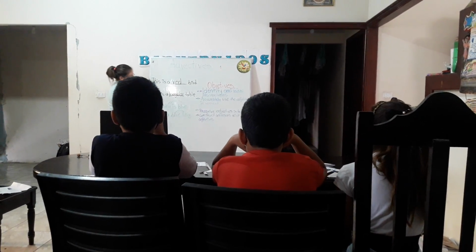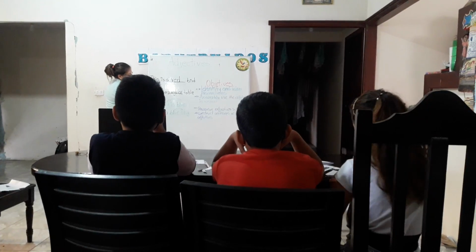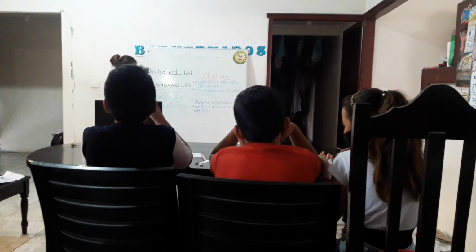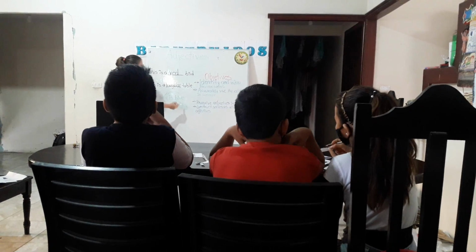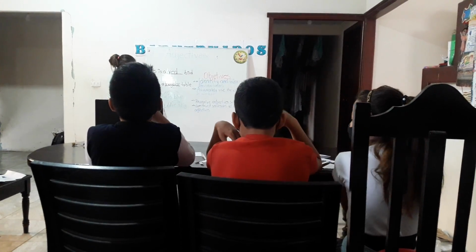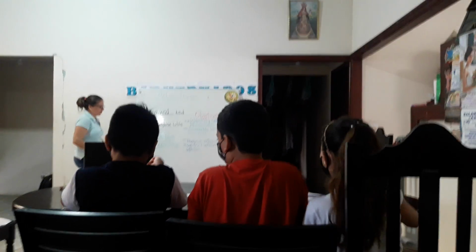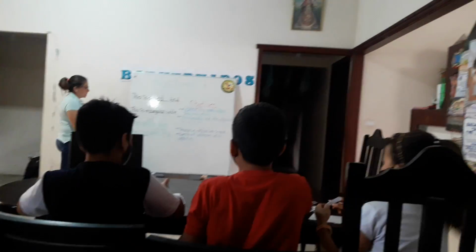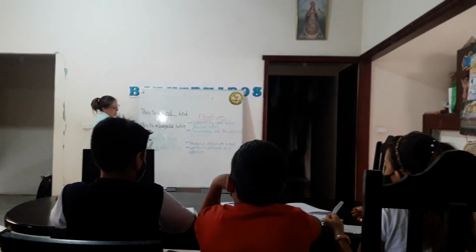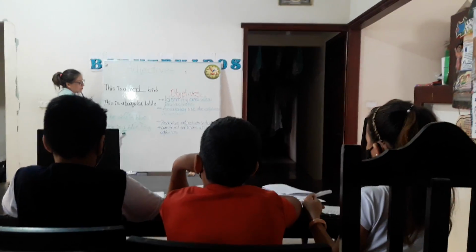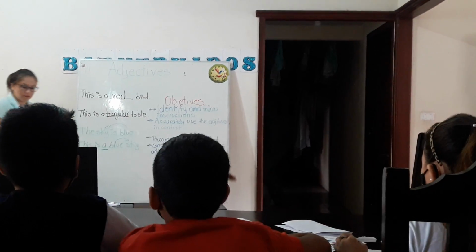Okay, it's the same. The sky is blue, and this is a blue sky. Here we have an arrow. Okay, repeat after me. The sky is blue. This is a blue sky. Okay, it's the same.